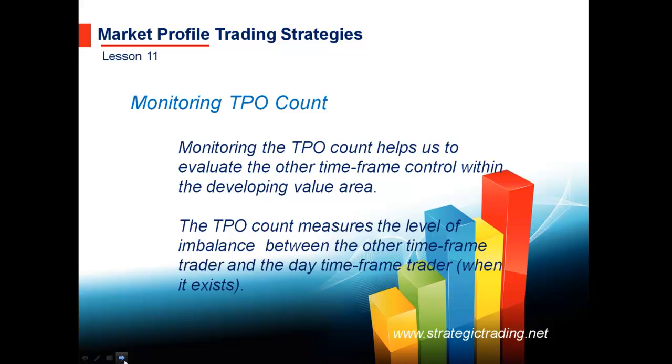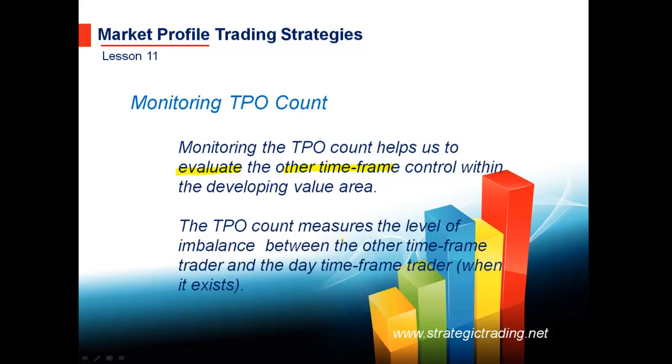I'm using the acronym now, working with the assumption that everyone already knows and is comfortable with what a TPO is. It's the time price opportunity, the unit that makes up the entire profile. And so when we look at the count of these TPOs that are occurring during the trading day, it gives us an idea and it helps us evaluate the presence and the control of the other time frame trader within the developing value area.